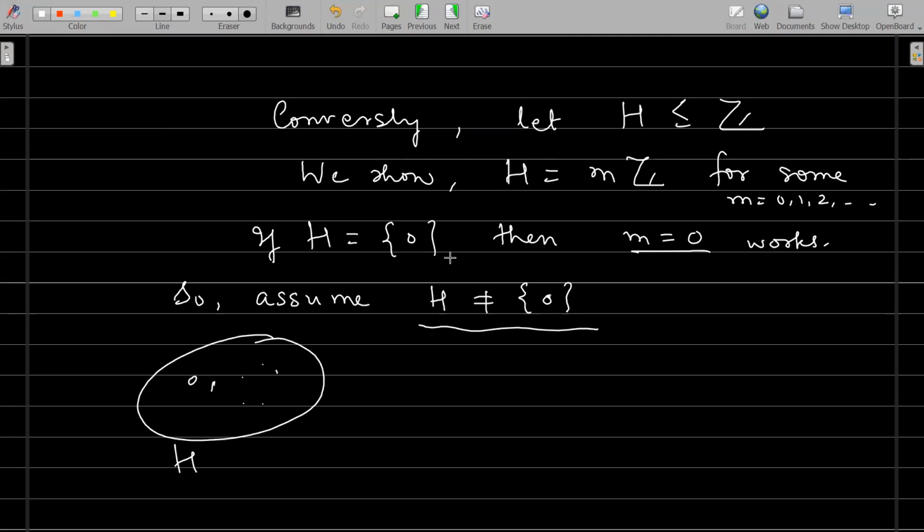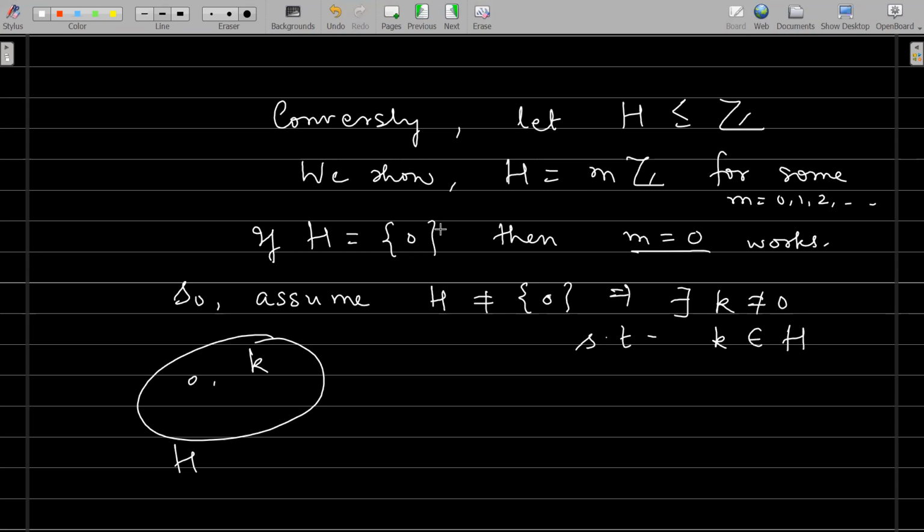Okay. Now, suppose there is some element K other than 0. So there exists some non-zero element K such that K belongs to H. Okay, H is non-trivial now. 0 case we have done.